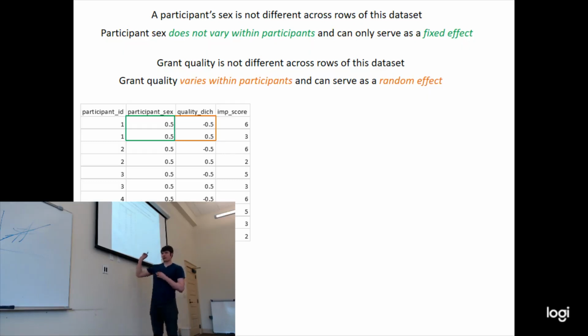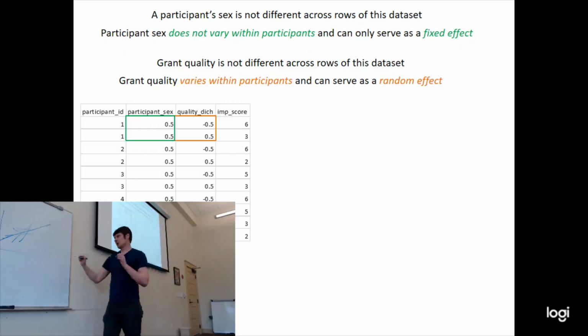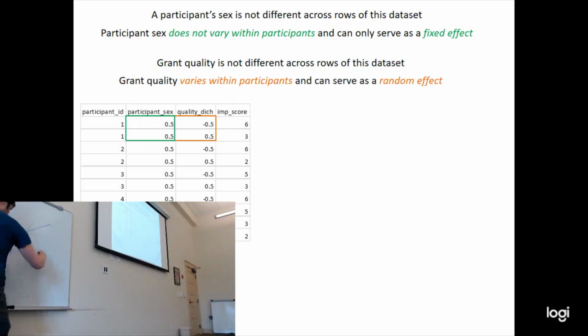Again, the reason that we can calculate a within reviewer slope for quality is that for each reviewer, we've got a point here and a point here. That might be reviewer 1, this might be reviewer 2, and so on.